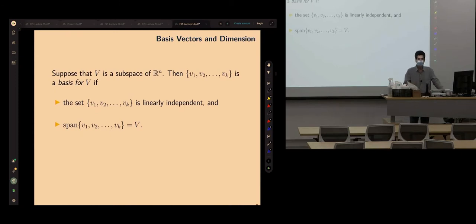Second, the span of this set of vectors should cover the entire space. In other words, the span of the set of vectors V1 to Vk must be equal to V. So the basis will give you a set of vectors that you can combine linearly and cover the entire space. You can go anywhere you want in that subspace using the set of bases. So that's the condition for a set of vectors to be called a basis. But it must be linearly independent too.